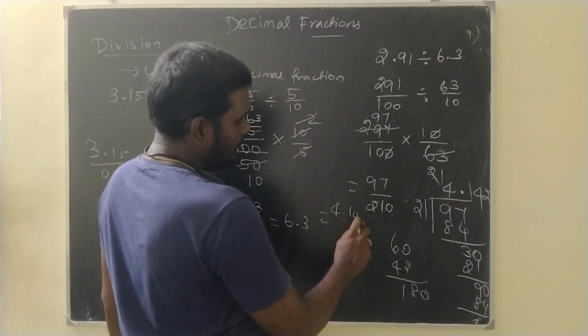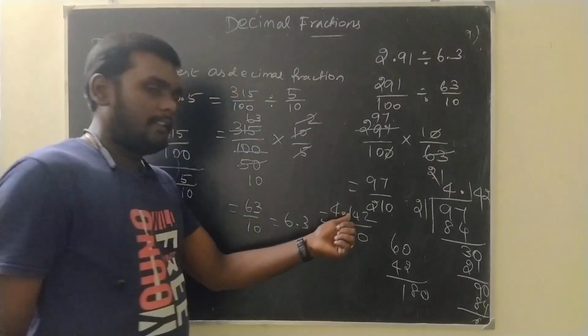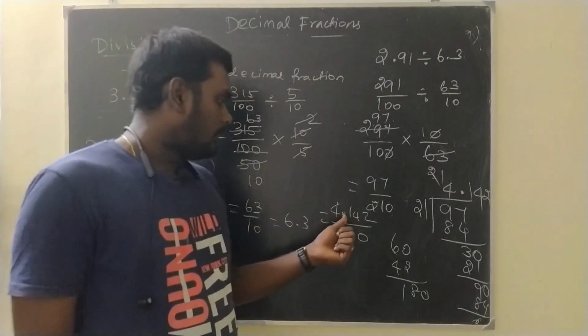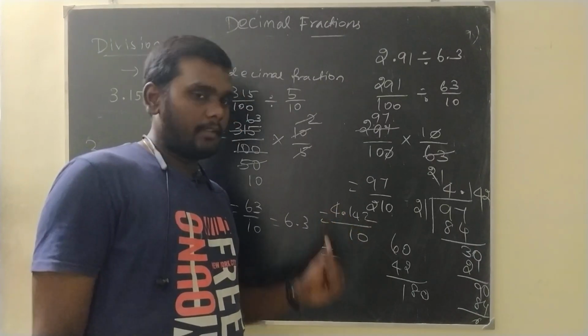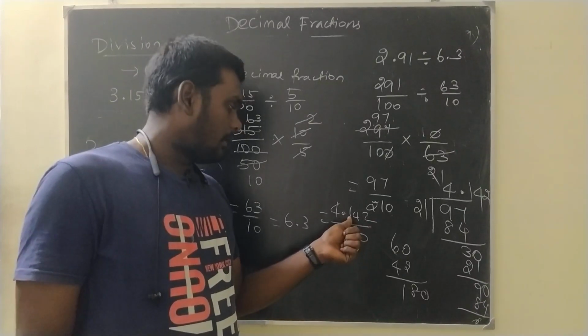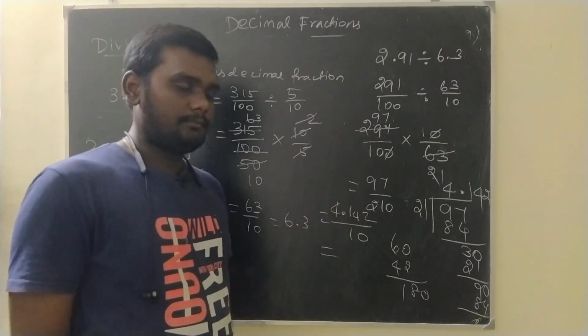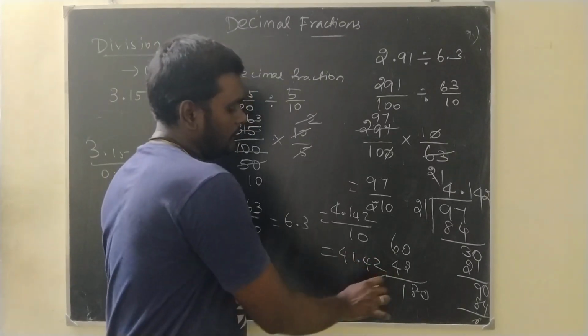So 4.142 divided by 10. When you divide a decimal by 10, the decimal point will move one place to the left. How many zeros are there? That many decimal places will move to the left. So 0.4142 is the answer.